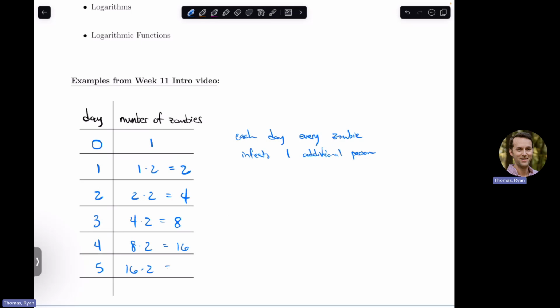and so on. And what we see is all these powers of 2 showing up because what's happening is that we're doubling. So the number of zombies doubles each day.